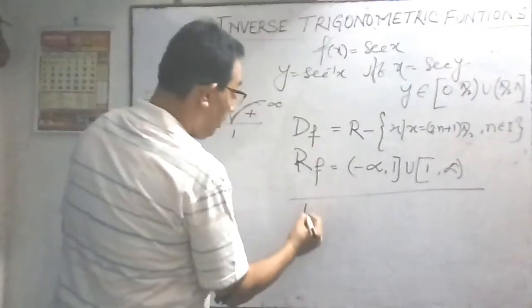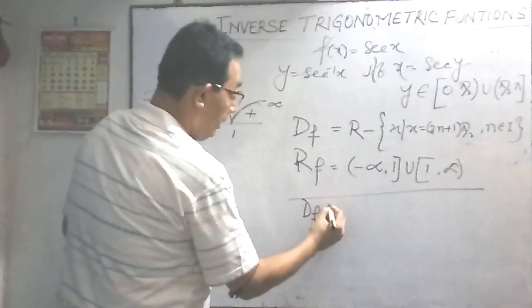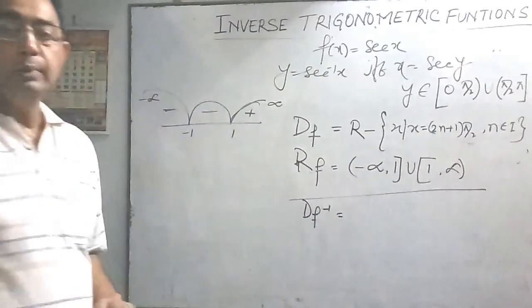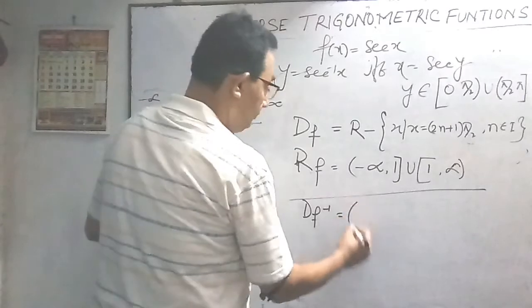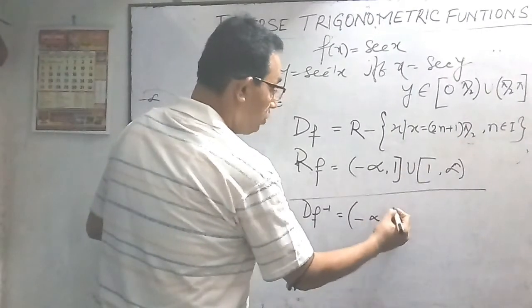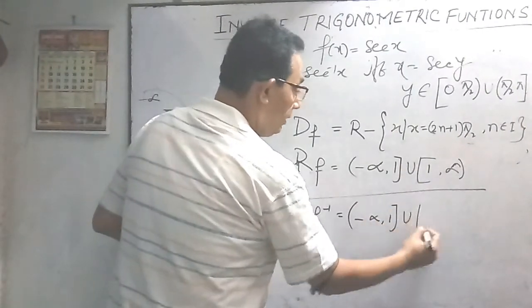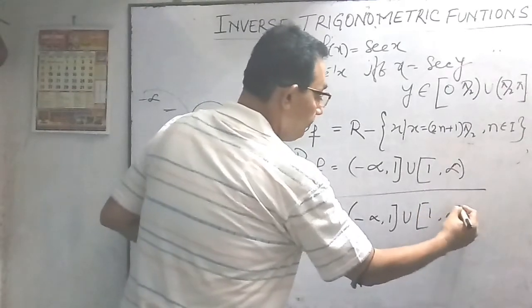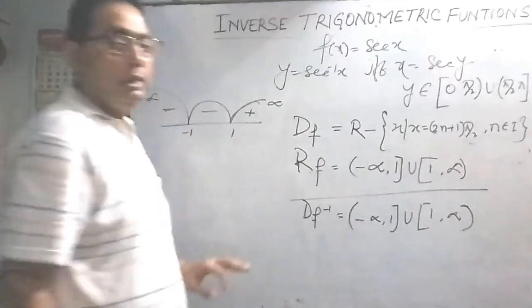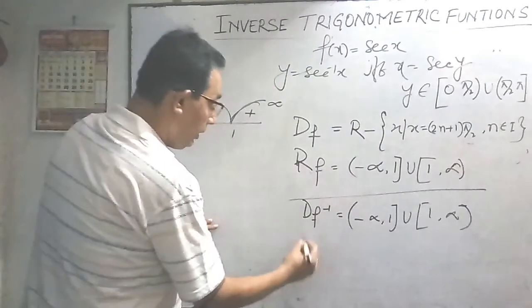Clear? So the domain of f dash will be what? Minus infinity to minus 1 union 1 to infinity. The range will be what?